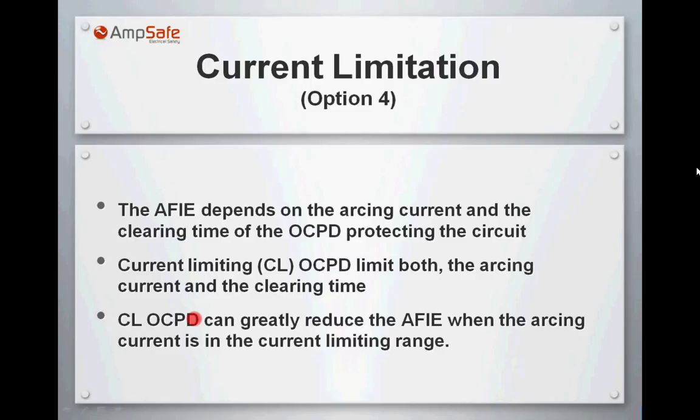If the arcing current is low, below the threshold of current limitation, below the current at which the overcurrent protection device becomes current limiting, it is because a current limiting device is not current limiting at all values of current. It only starts being a current limiting device when the current exceeds the current limiting threshold, okay?